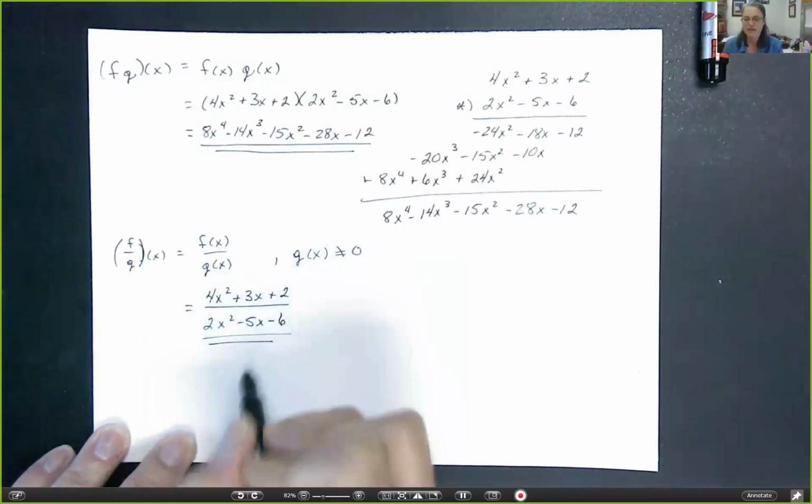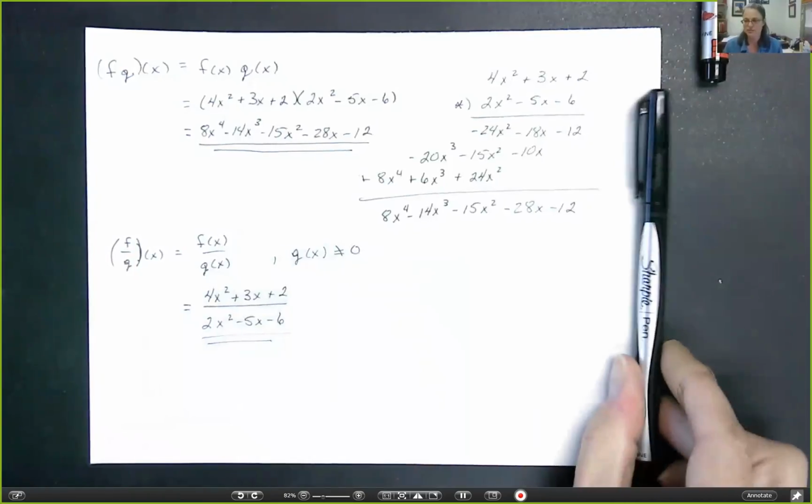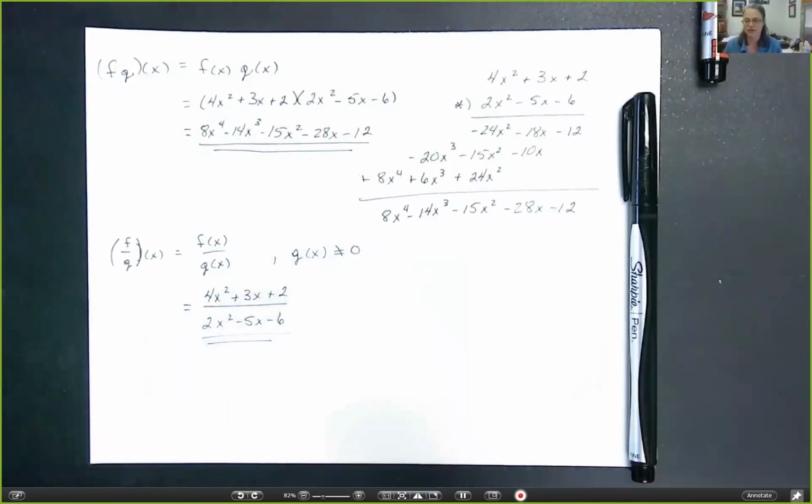Now, remember, if that rational expression would simplify, then we would simplify it. This one will not, and so we are done.